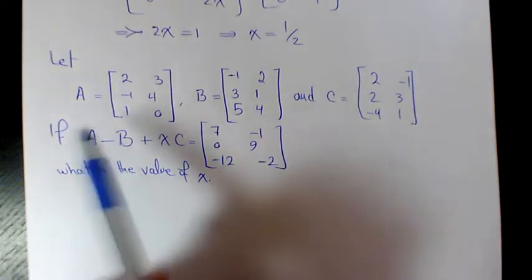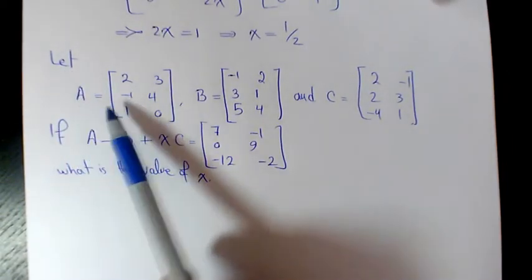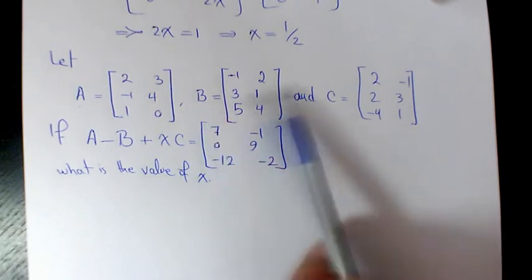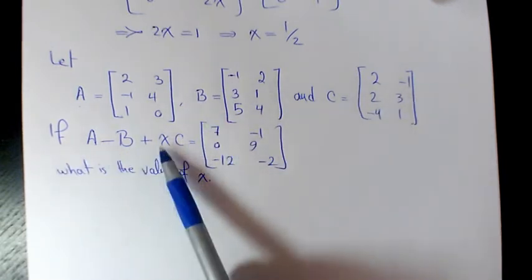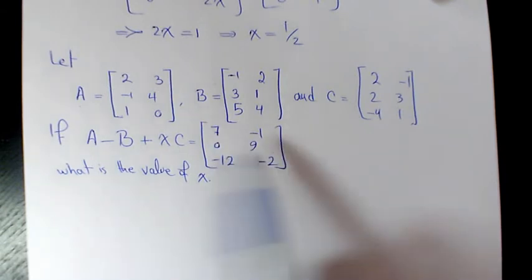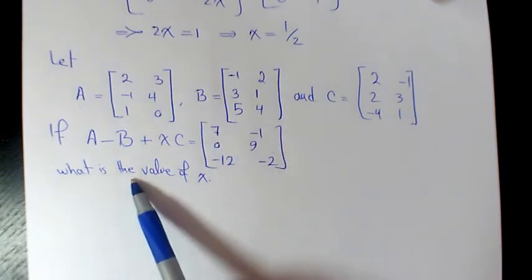Next example, it says, let A be a 3 by 2 matrix, B a 3 by 2 and C a 3 by 2. If A minus B plus xC equals this matrix, then what is the value of x?